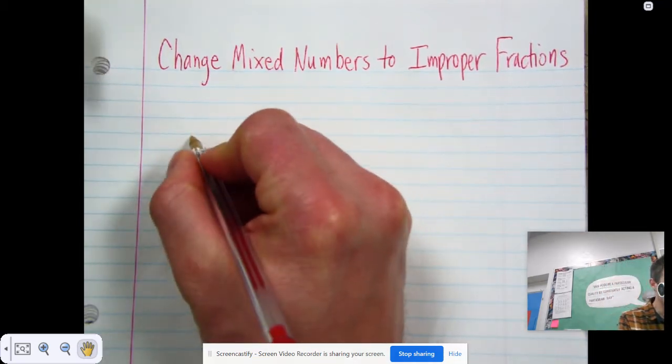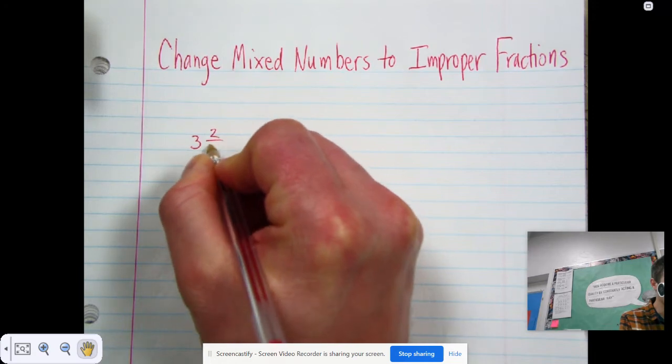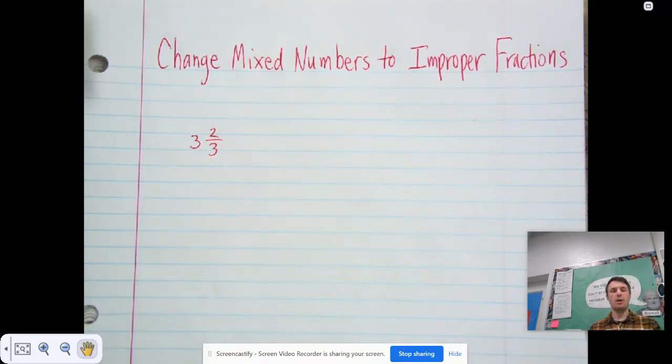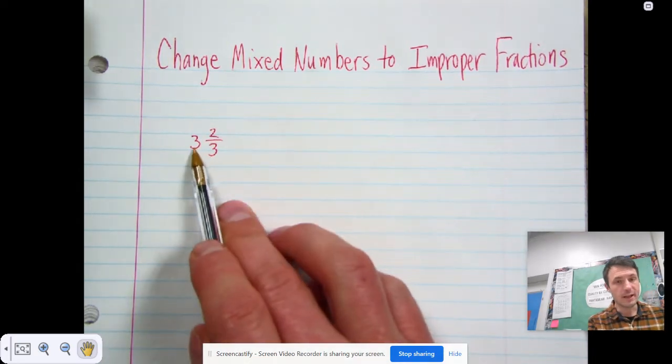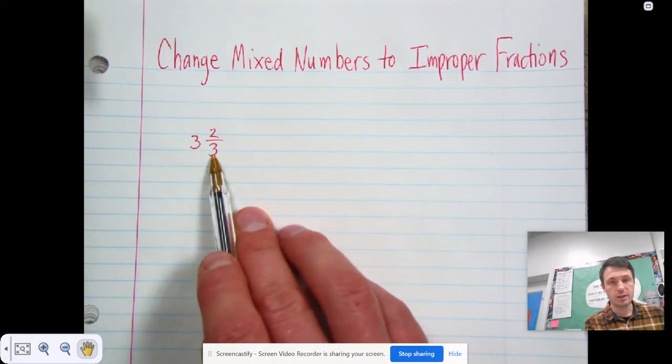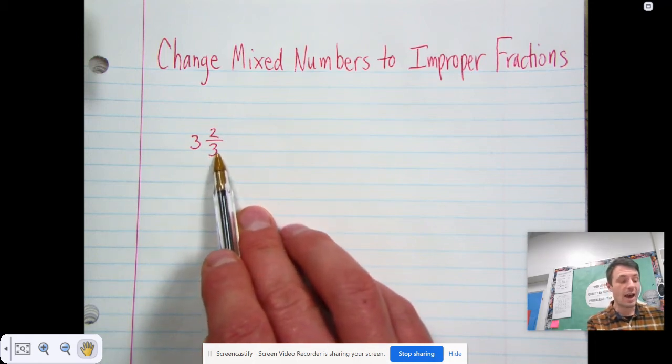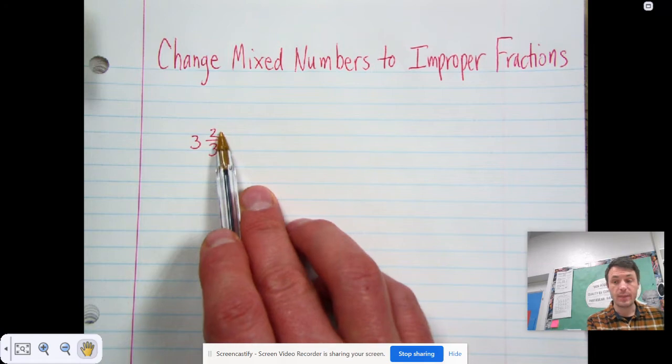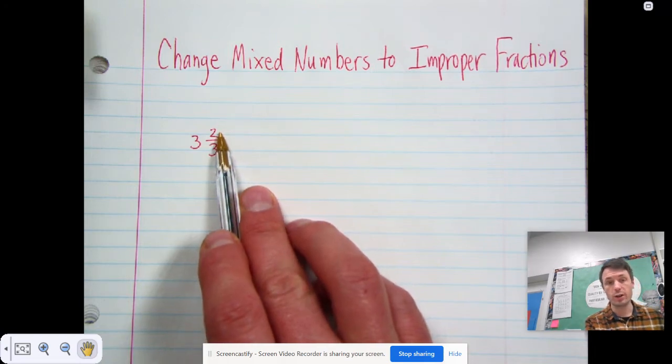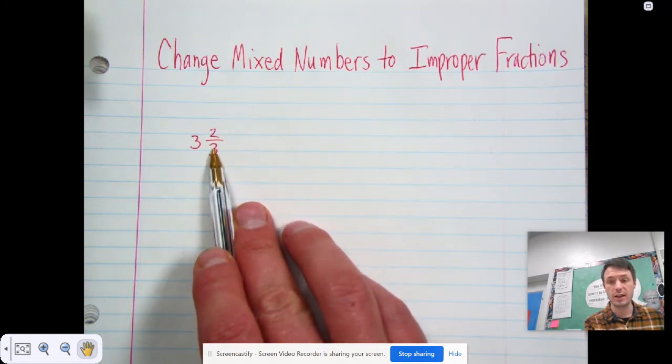So let's say we had the mixed number 3 2/3. How would we write this? We already know how to write improper fractions as mixed numbers. But how do we write mixed numbers as improper fractions? Here's what you do. You multiply the whole number times the denominator, and then you add the numerator to that. Now that becomes your new numerator, and the denominator stays the same.